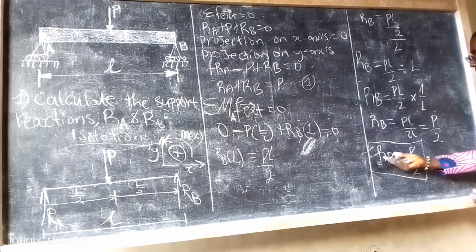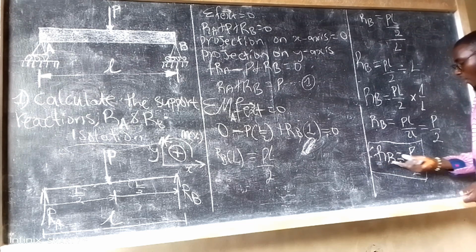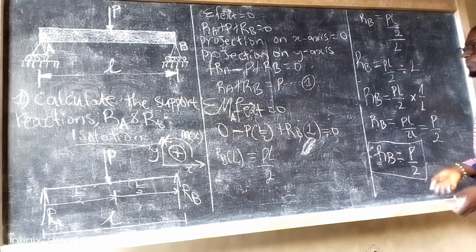So, viewers, this is the value for our RB. Our RB gave us P on 2.